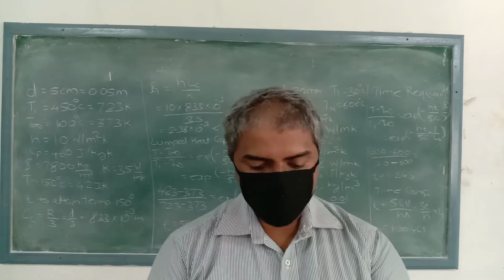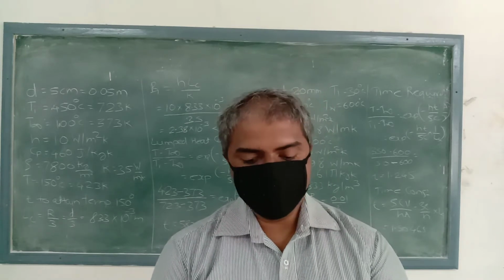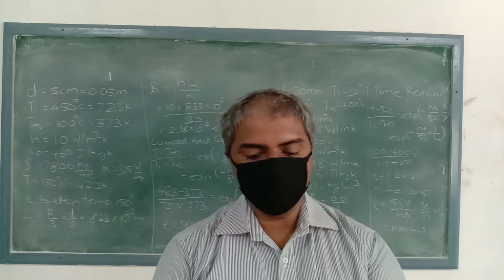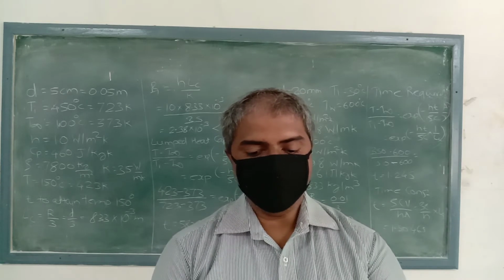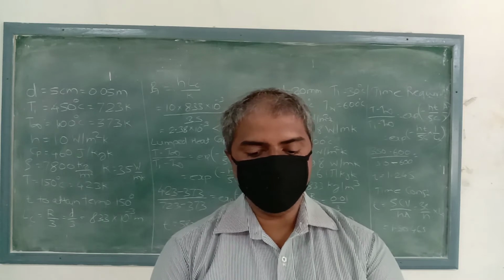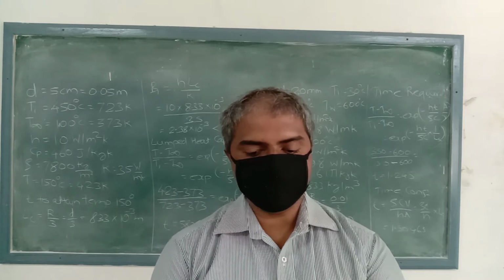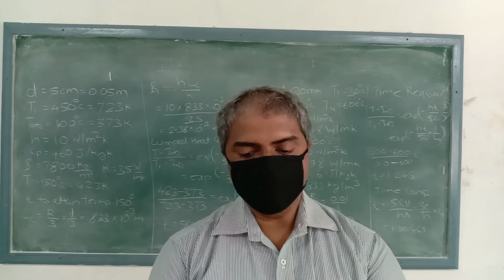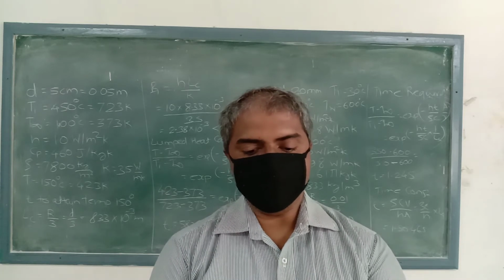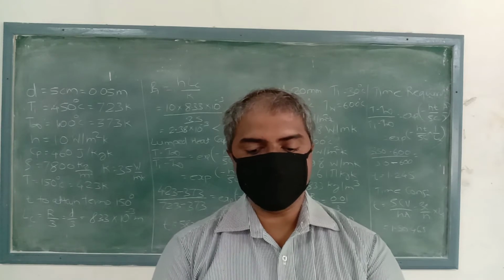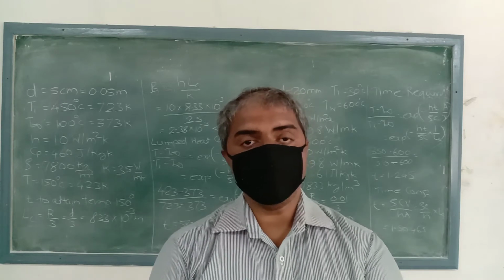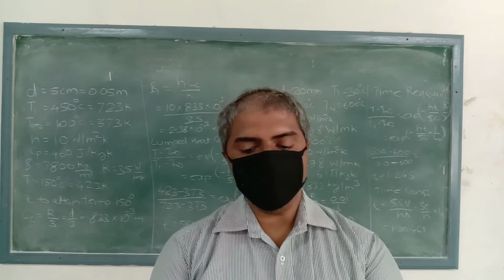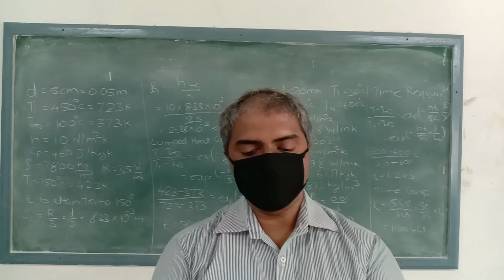A 5 centimeter diameter steel ball initially at a uniform temperature of 450 degrees Celsius is suddenly placed in an environment at 100 degrees Celsius with convective heat transfer coefficient 10 watt per meter square Kelvin.